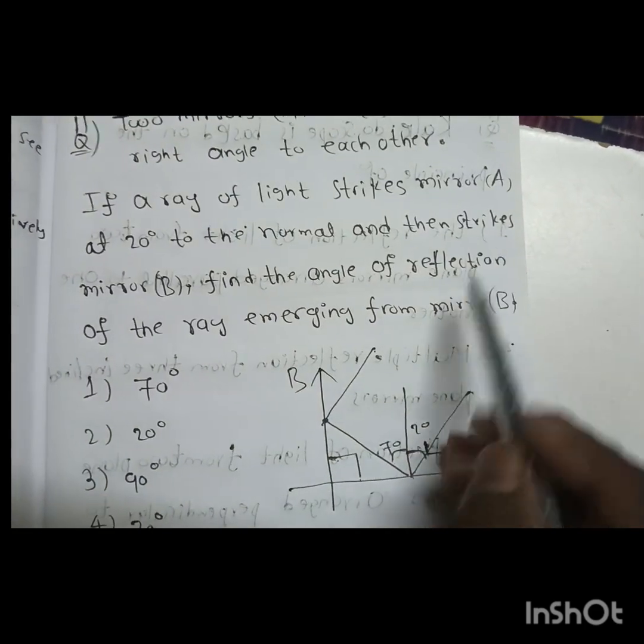So what they are asking in this question: if a ray of light strikes the mirror at 20 degrees to the normal, then strikes B, find the angle of reflection of the ray emerging from the mirror.